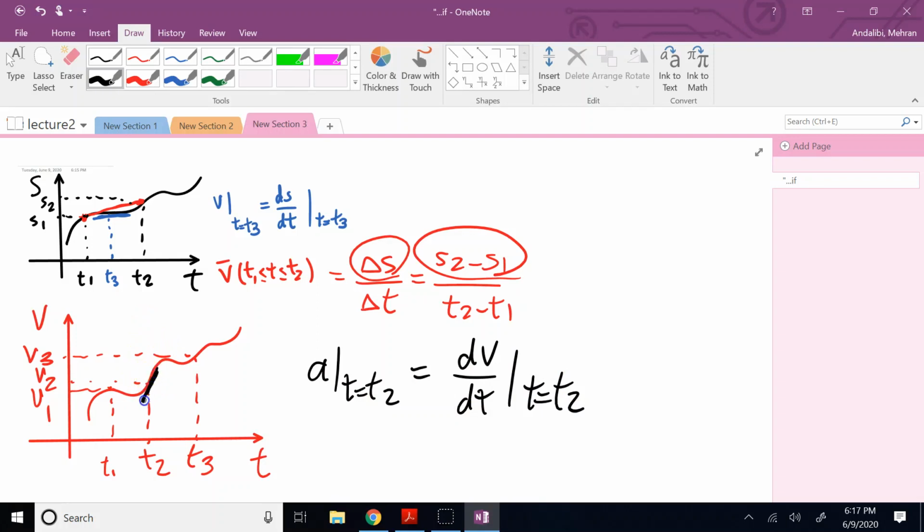You draw a tangent line. The slope of that, which in this case is clearly positive, that is the acceleration.